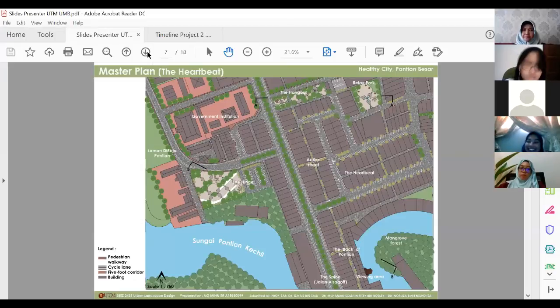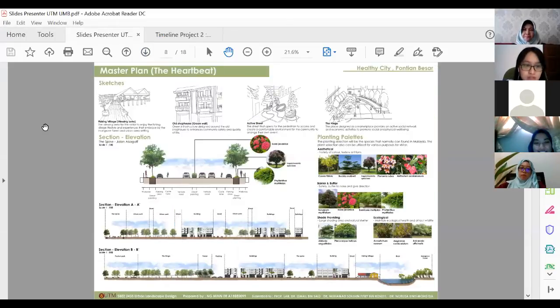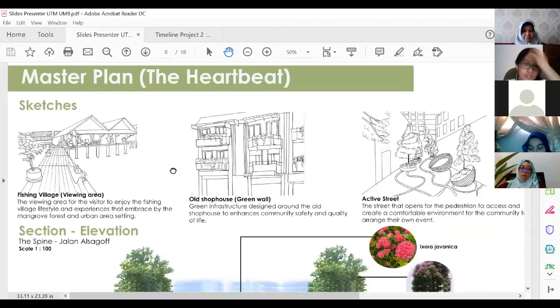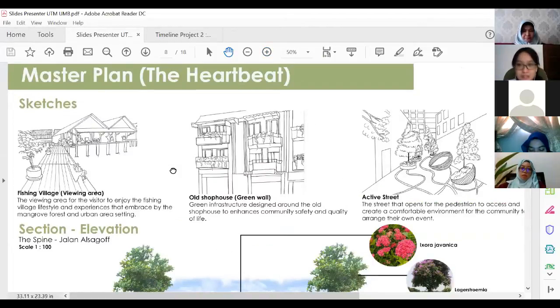Next, you can see all the spaces through the sketches, such as the hinge I just mentioned, which is an open space, a plaza, for large-scale events.